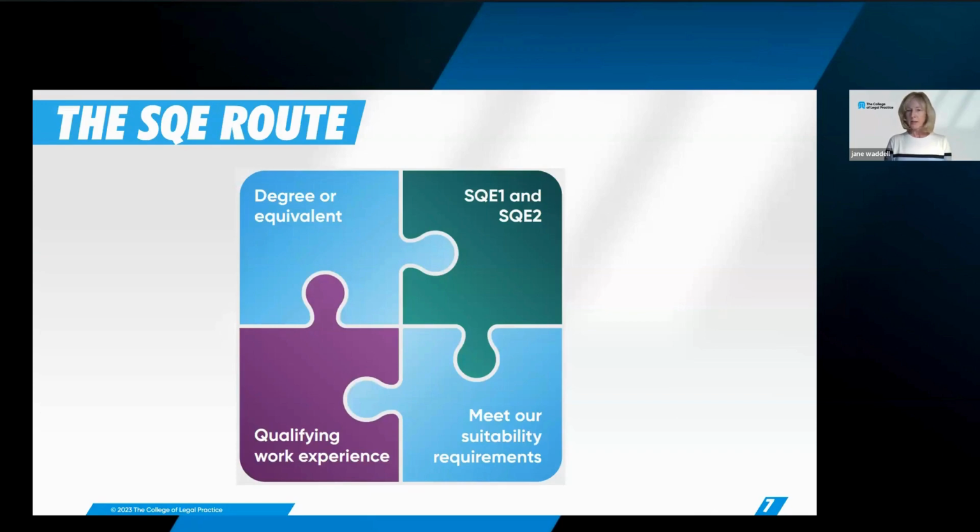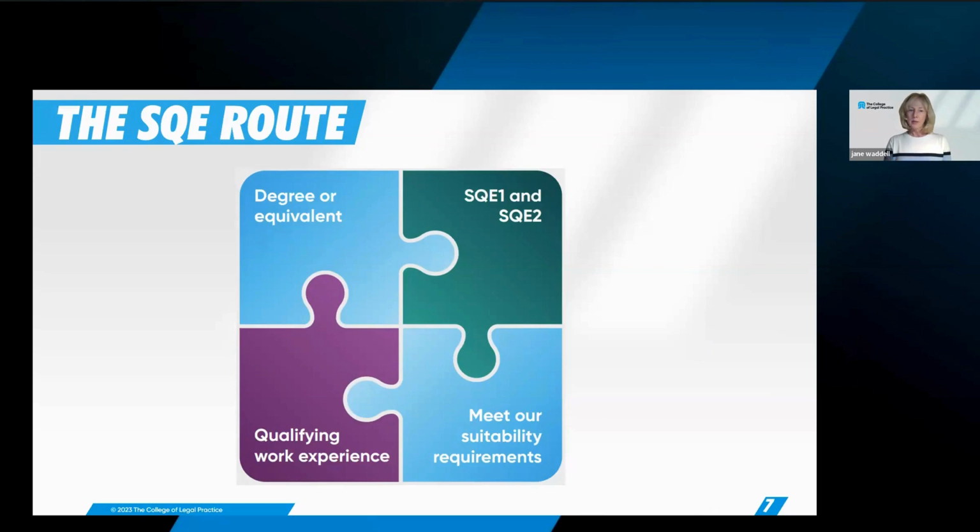It doesn't have to be a law degree, but we recommend, if you don't have a law degree, that you do a graduate conversion course, because SQE is quite hard. It's quite demanding. And I think, judging by the responses we've had, you're all very aware of that. So you start with the degree, and the exit bit, the other blue jigsaw puzzle, is that you need to meet the suitability requirements on character and suitability before you can enroll as a solicitor.